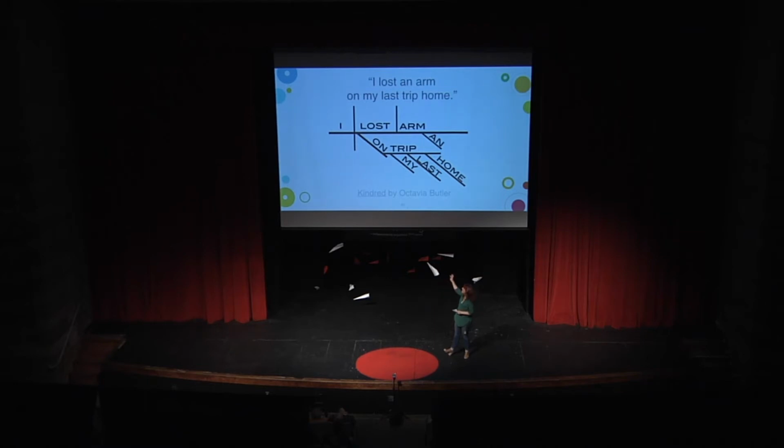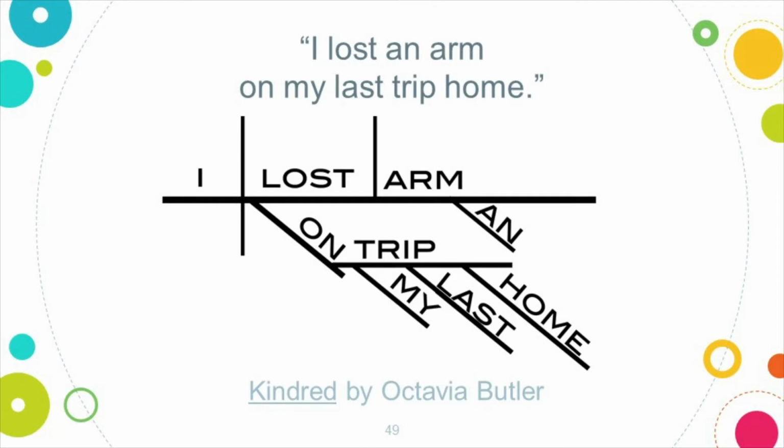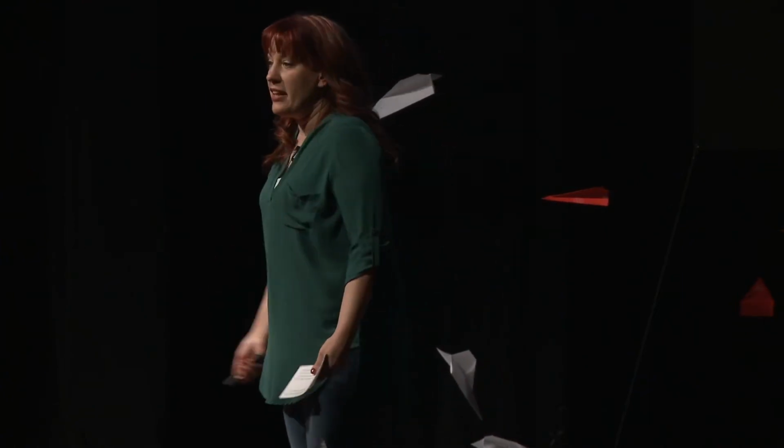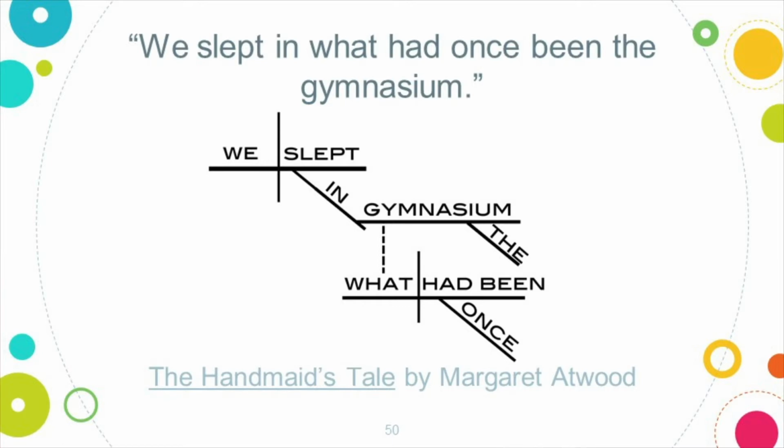So to say that she lost an arm is one thing, but if you notice when we diagram, "on my last trip home" is this huge cluster modifying "lost." And so we are aware that she is dealing with a multiple identity, and trying to resolve that in herself.